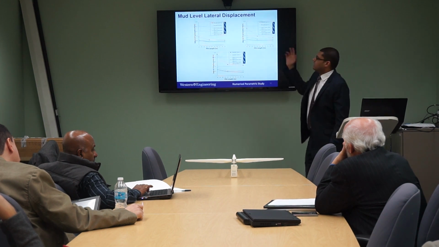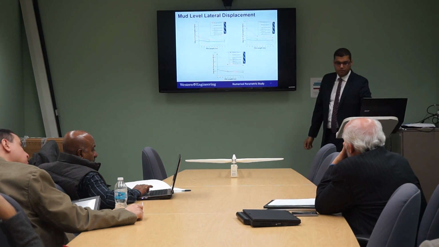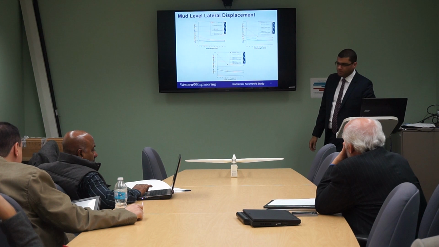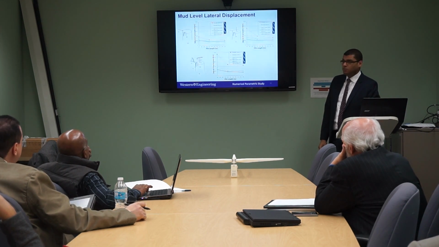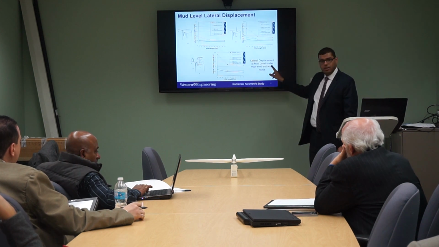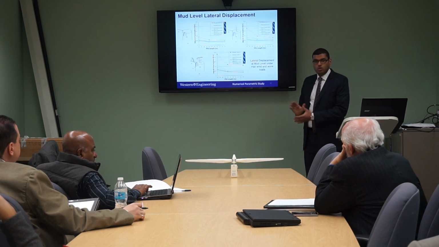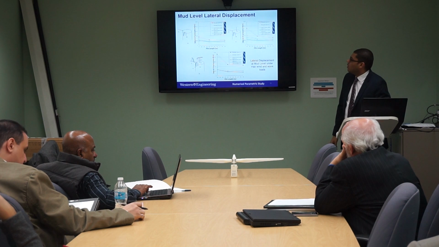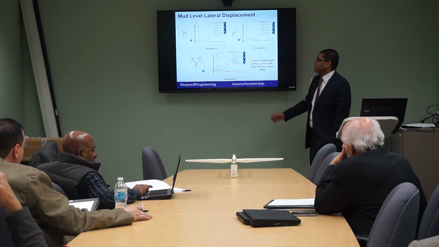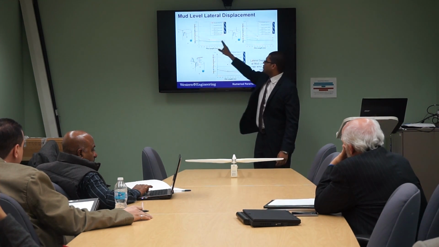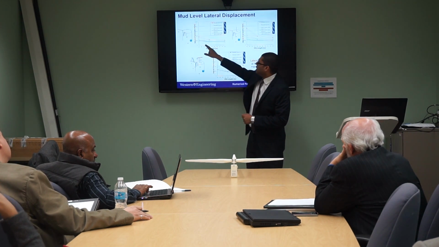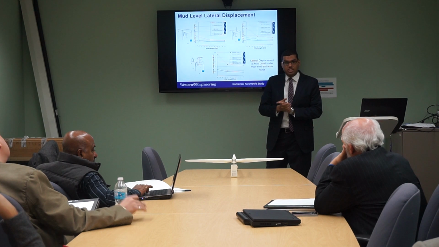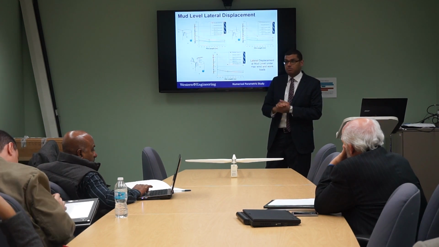We studied also lateral displacement at mud level for the different foundation systems under 2 components, 3 components, and 6 components. As we said, at mud level, with maximum wind load and also the wave loads. We can see here, this is the mud level. The monopile also has larger displacement, and here is the relation between the monopile with diameter 6 meter and the hybrid system with diameter 4 meter.